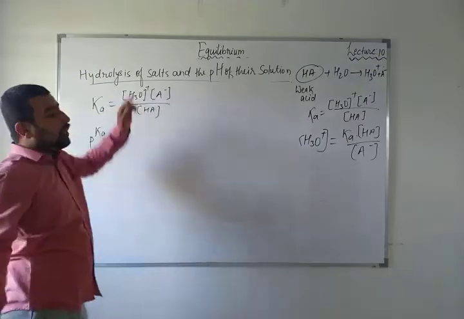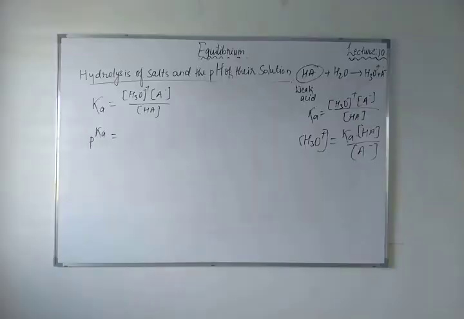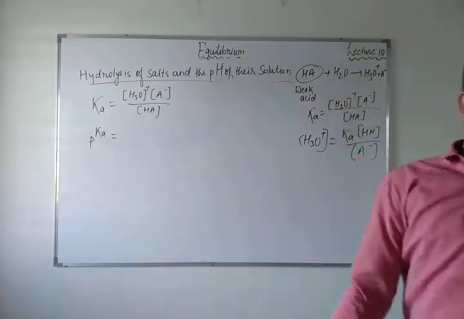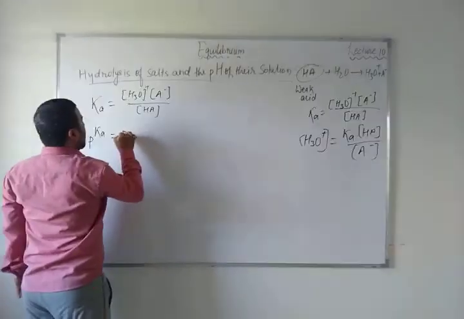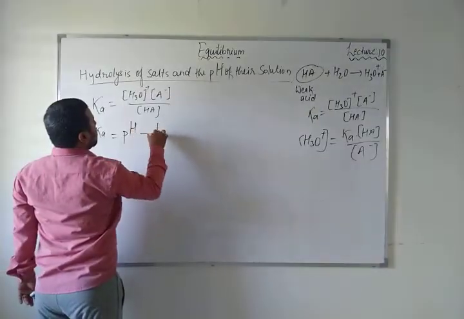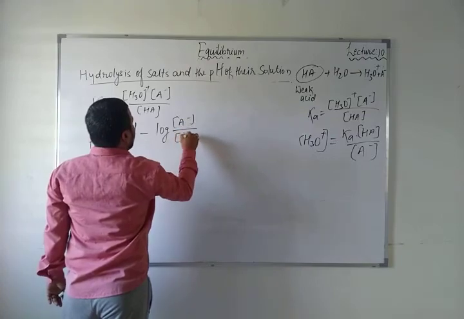pKa is equal to, here H3O plus is there, log A upon B is equal to log A minus log B, right? So H3O plus will be converted to pH, because it is the hydrogen ion concentration, minus log A minus upon HA, right?